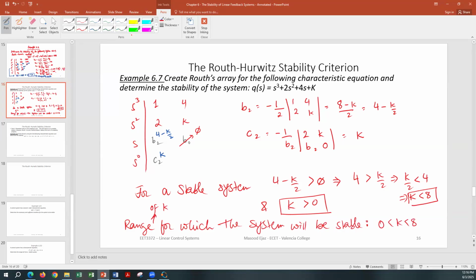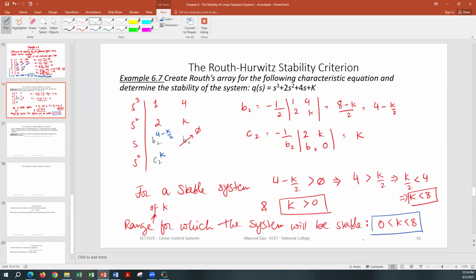K has to be between 0 and 8 in order for the system to be stable. So as I said, under these types of conditions, when we are trying to figure out the gain or whatever value of K, Routh-Hurwitz comes in pretty handy.